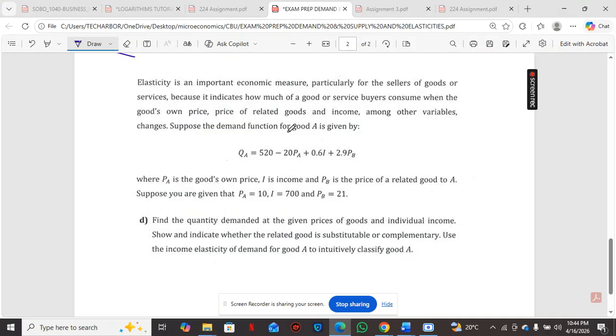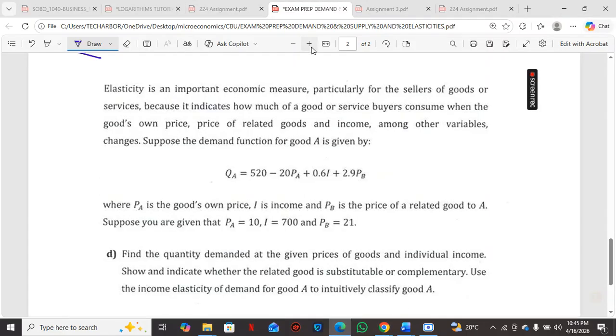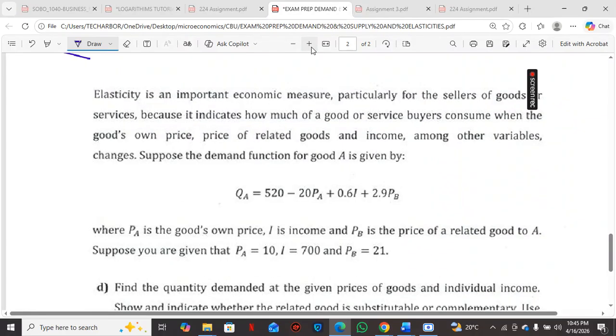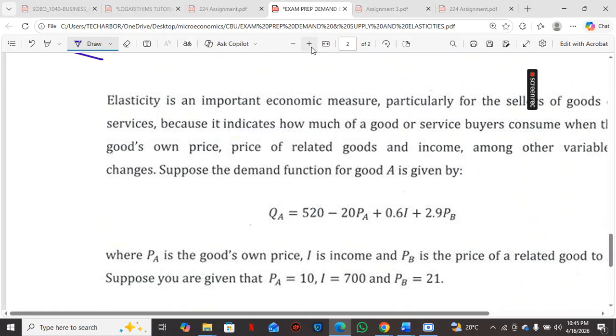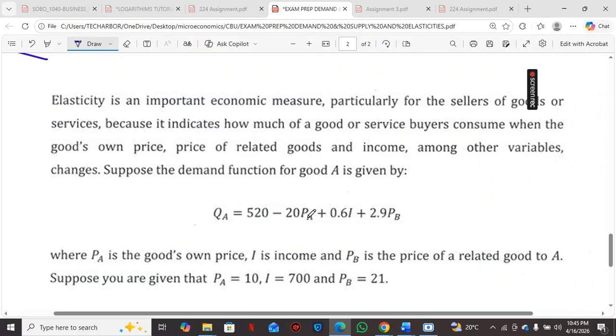Suppose the demand function for good A is given by this multivariable demand function, meaning quantity demanded is affected by other things apart from the price of the good.